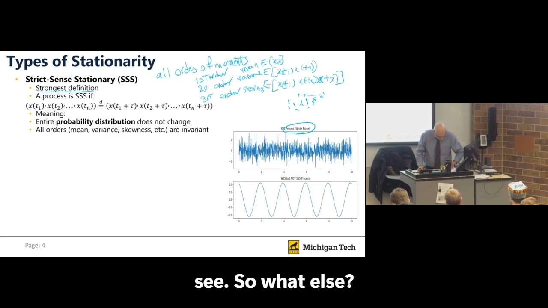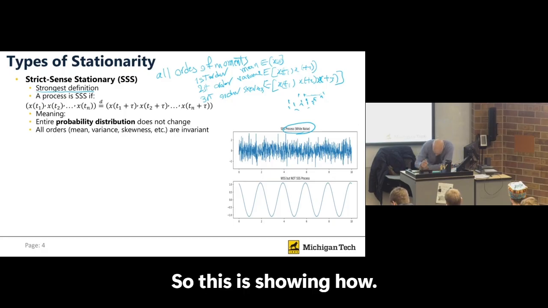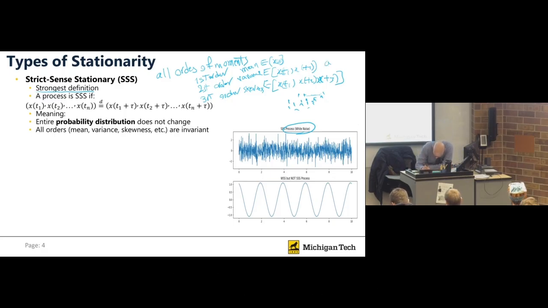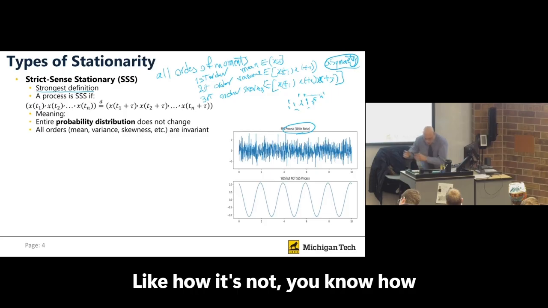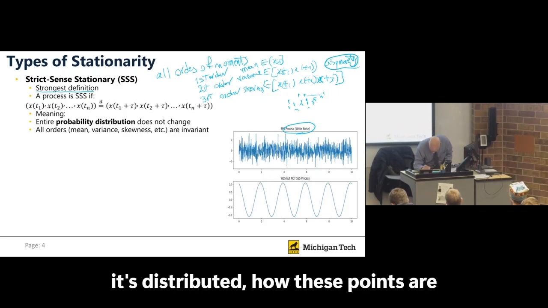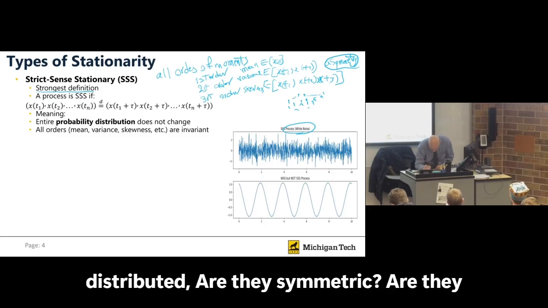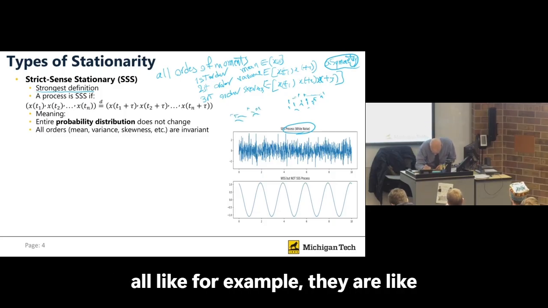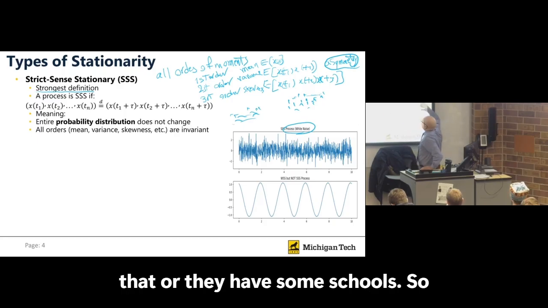So what else? Yes. So this is showing asymmetry, like how these points are distributed. Are they symmetric, or do they have some skewness?